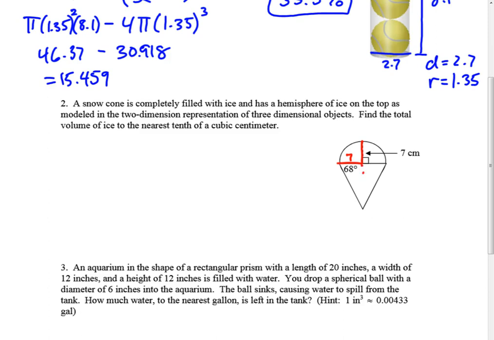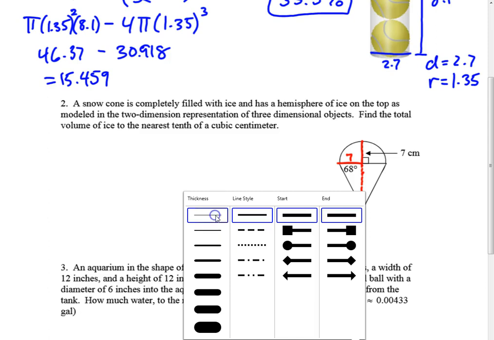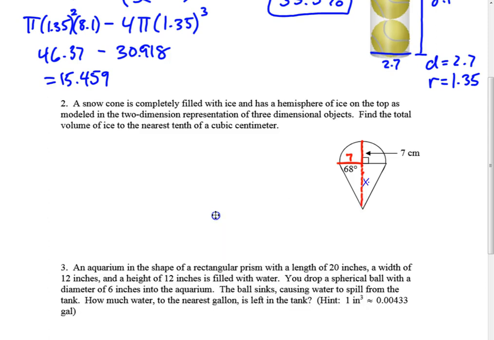But in order to figure this question out, we're going to need to find what this length is right here. I'm going to call it x. That's a right triangle, so if we draw it out over here, we've got 68, we've got 90, 7, and x.